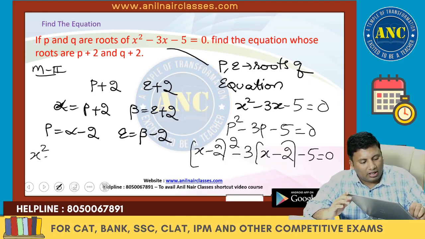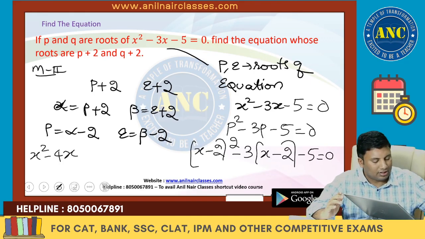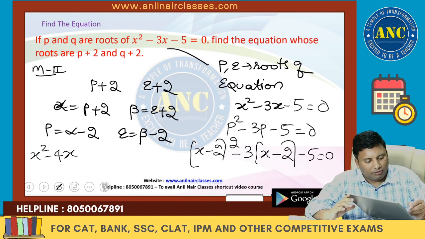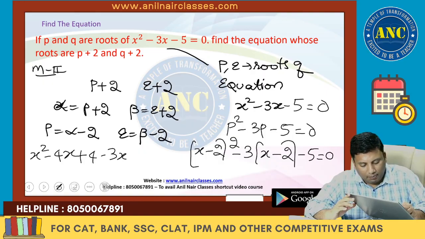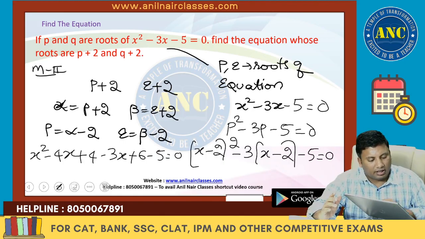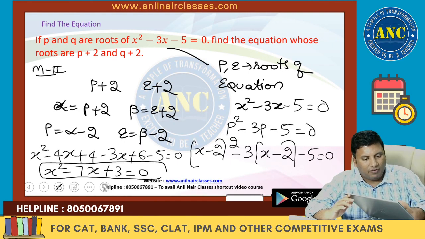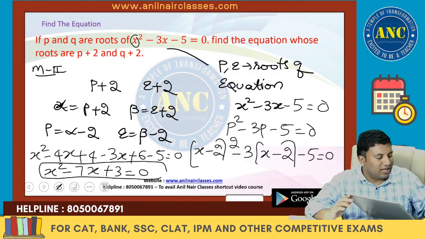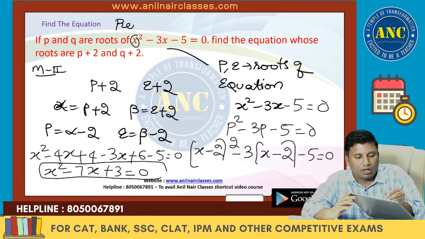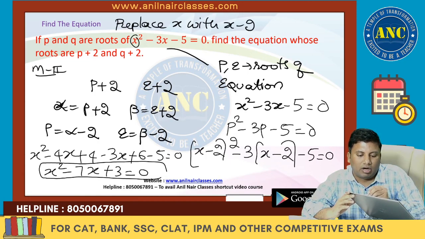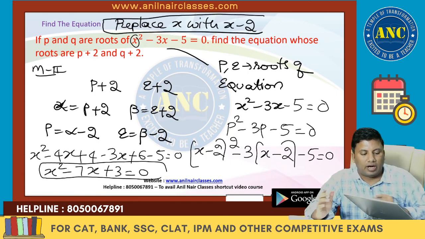This is x square minus 4x plus 4 minus 3x plus 6 minus 5 equivalent to 0. This is x square minus 7x plus 5 equivalent to 0. Same answer we got. Wherever x is there, replace it by x minus 2, because we want p plus 2 and q plus 2.